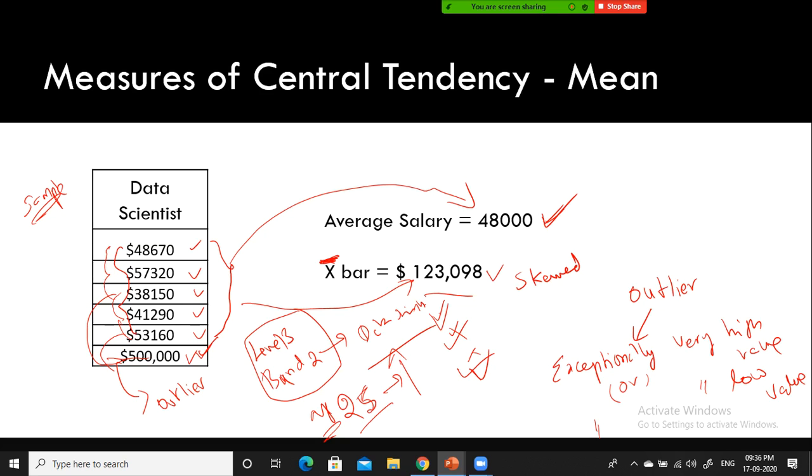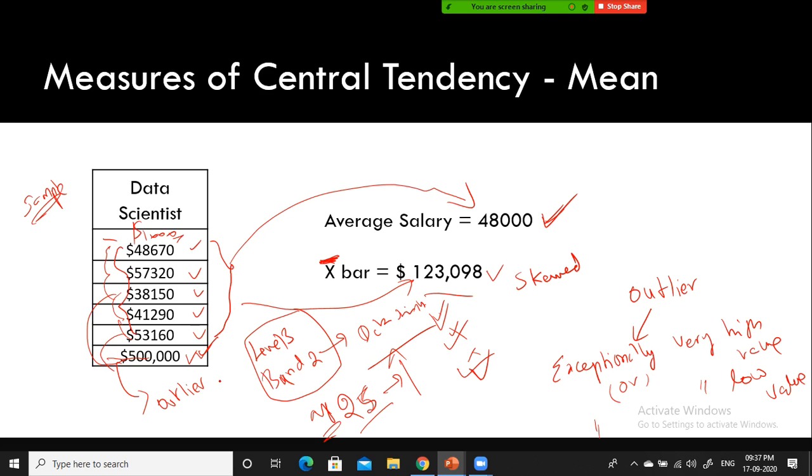An abnormally, unusually high value, or unusually low value, supposing I have something like minus $1,000. That means no employee will get a negative salary, isn't it? Then something is wrong here, something wrong with this sign, or some additional zero got missed out.